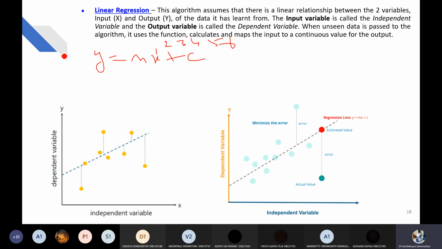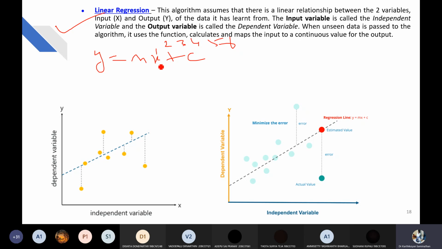Suppose the x value is x to the power 1 in y equals mx plus c; then that is linear regression, a straight line.